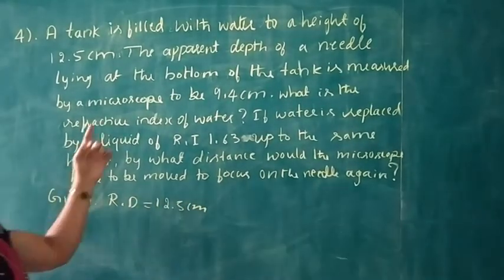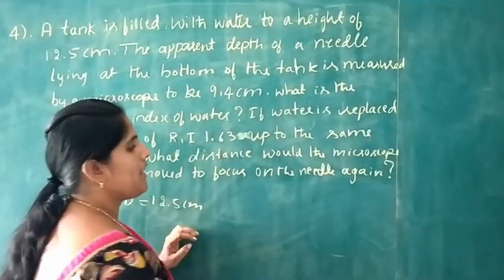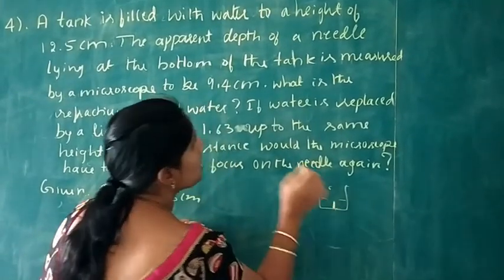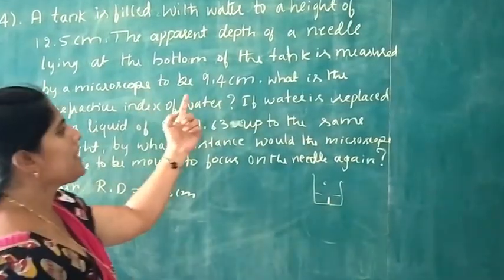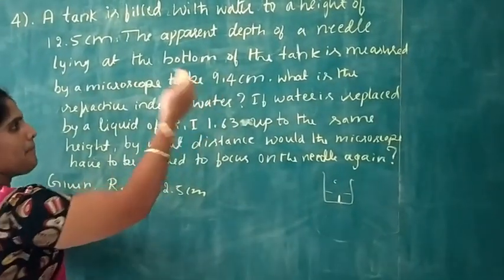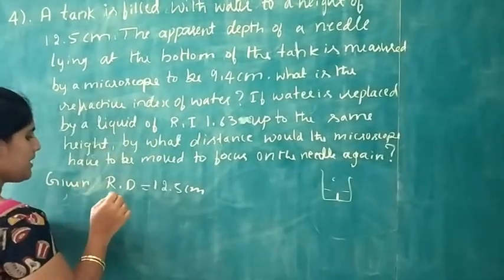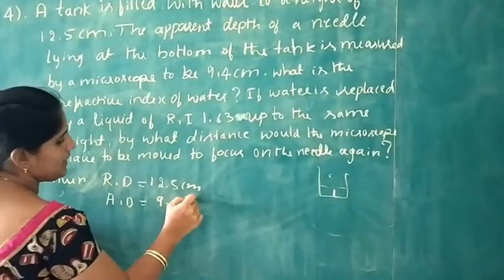Next, the apparent depth of a needle lying at the bottom of the tank is measured by a microscope to be 9.4 centimeter. This one is the real depth, and this one is the apparent depth. That is, the apparent depth is due to the normal shift. Apparent depth is equal to 9.4 centimeter.